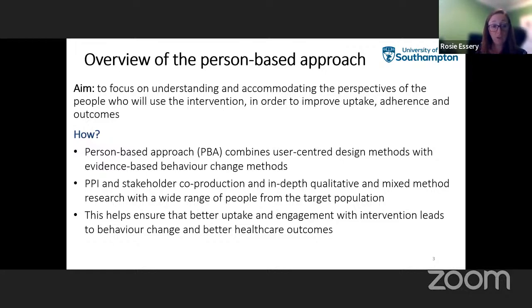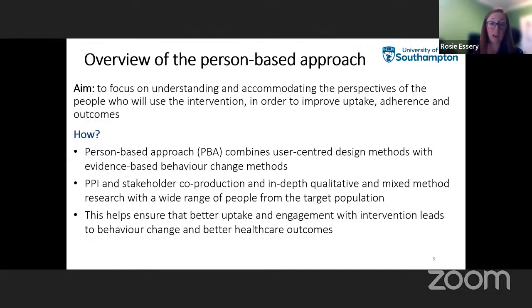First of all, it draws on user-centered design methods to be able to seek really detailed input from your target users at all stages of the process. So this really allows us to ensure that intervention content is acceptable and usable, but we really need to be able to go beyond just making it acceptable and usable, which is why we also draw on evidence-based behaviour change methods.